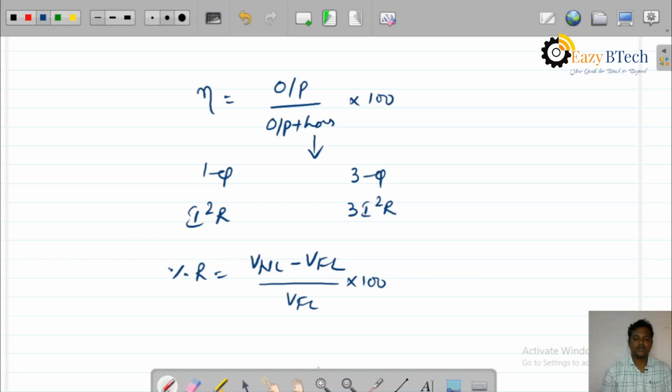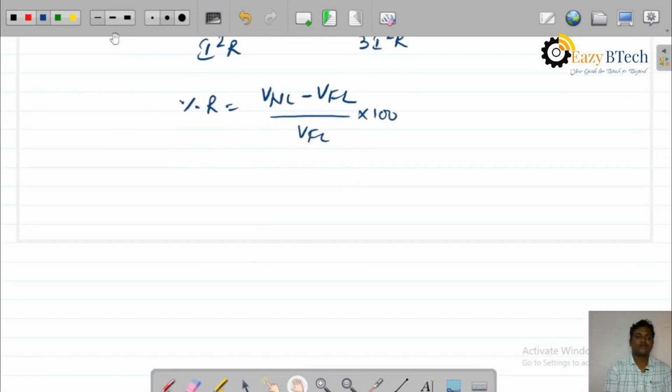Now, what is V no load? V no load is when there is no load current, so IR equals 0. If IR equals 0, the receiving end voltage is, I will draw the diagram.